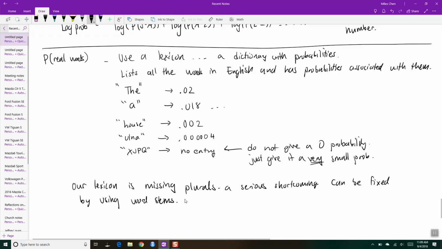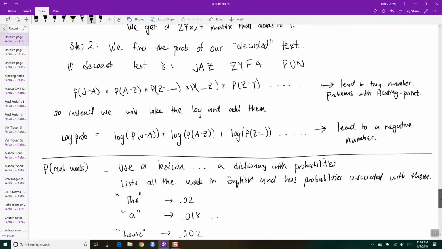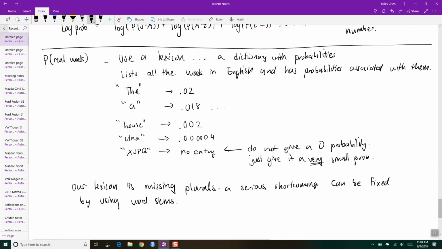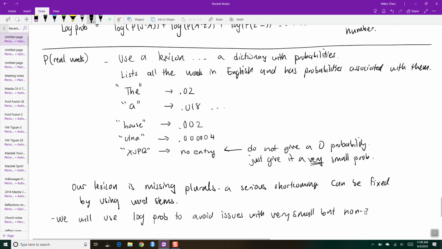Okay, so this is what we've got. We have a way to evaluate our two-letter combos and the real words. And again, we will use log probabilities to avoid issues with very small but non-zero values.